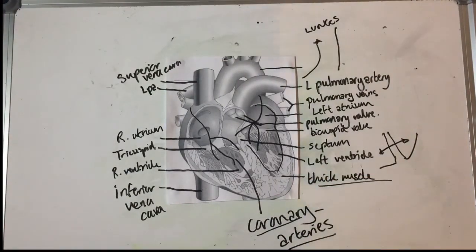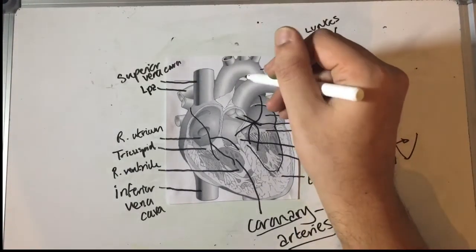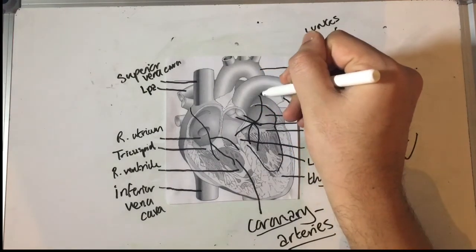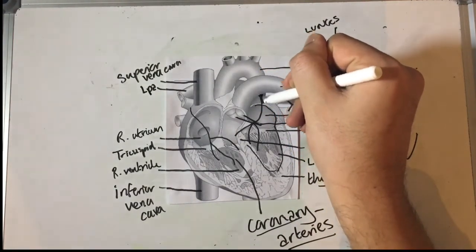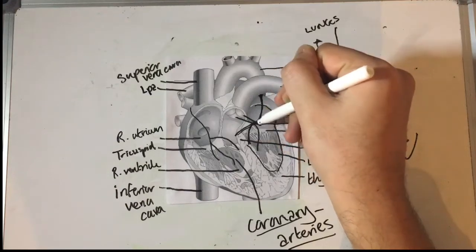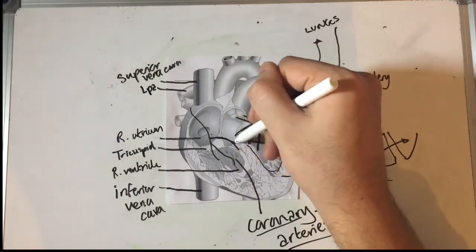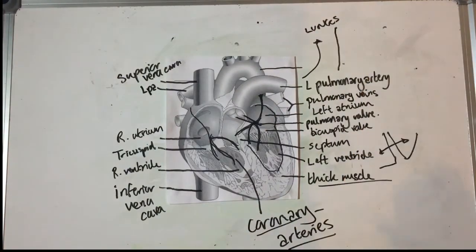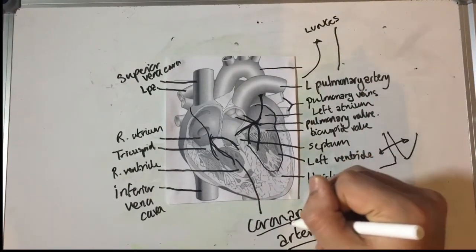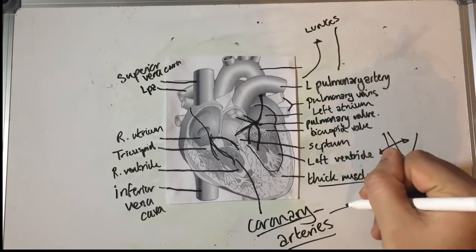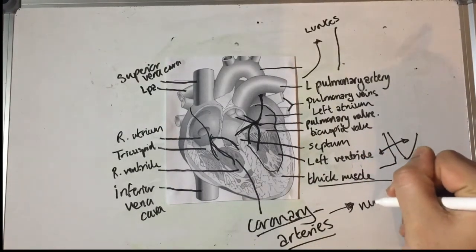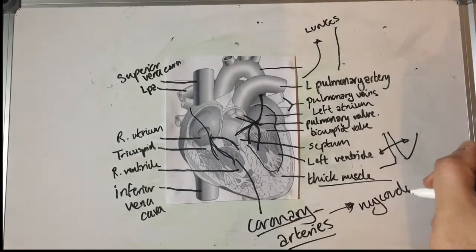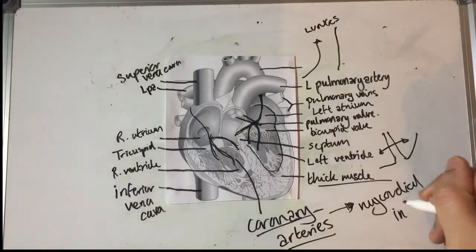You will find that the coronary arteries are actually almost directly linked to the aorta, just branching off about here and allowing a supply of oxygenated blood to get to the heart muscle. And to finish off, the coronary arteries are what become blocked to then lead to diseases such as myocardial infarction.